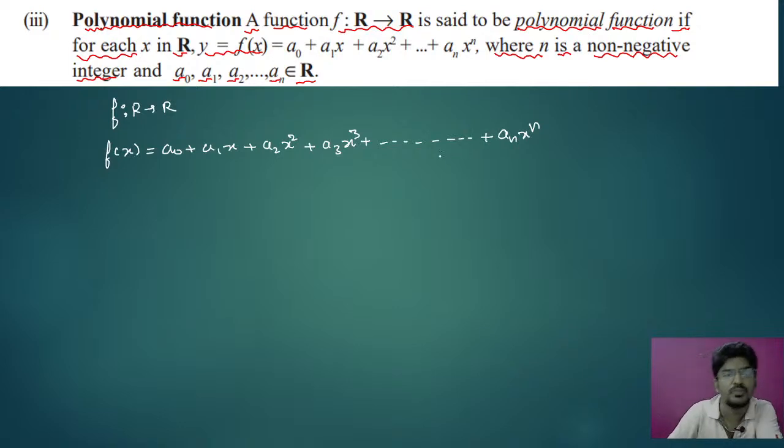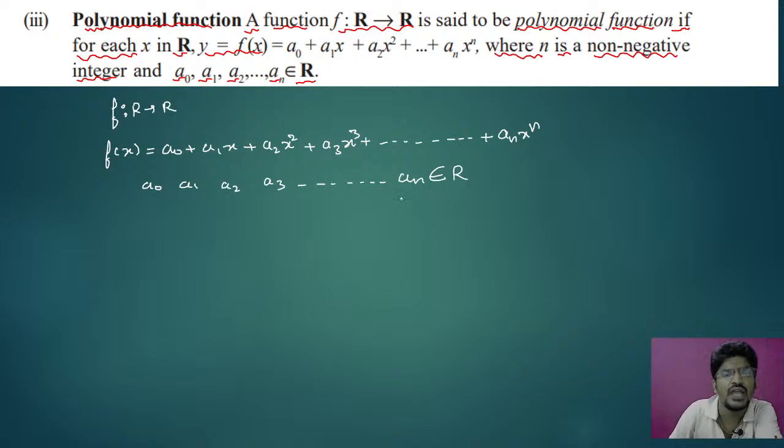And here the very important thing is your a0, a1, a2, a3, so on to an. These all are the coefficients of x, and they must be real numbers.